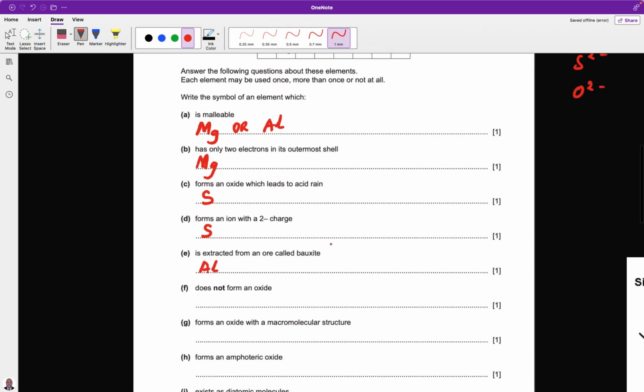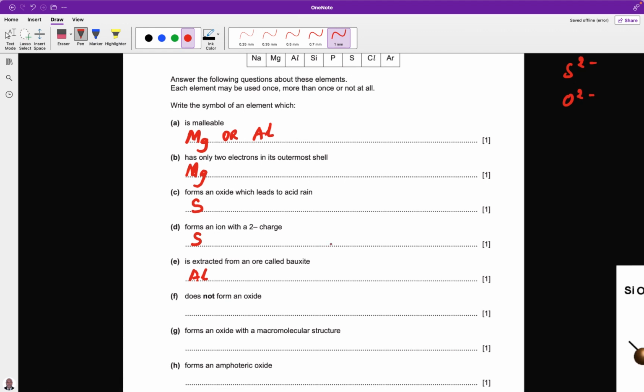Okay, F. Write the symbol of an element which does not form an oxide. When we're discussing the periodic table, the only elements that do not form an oxide are those that do not react. It doesn't react, so it cannot form an oxide.